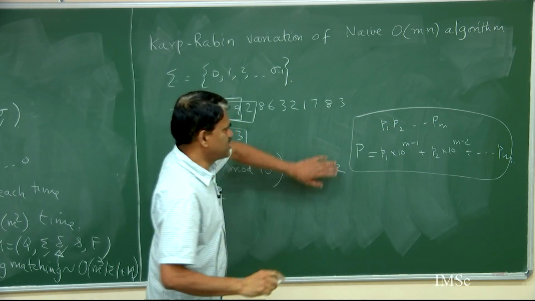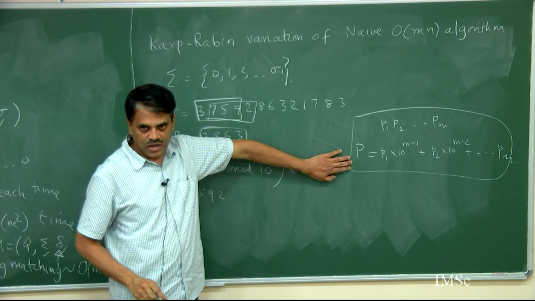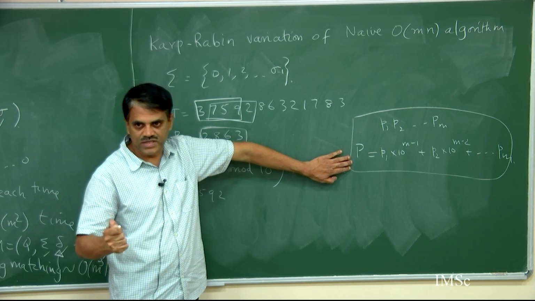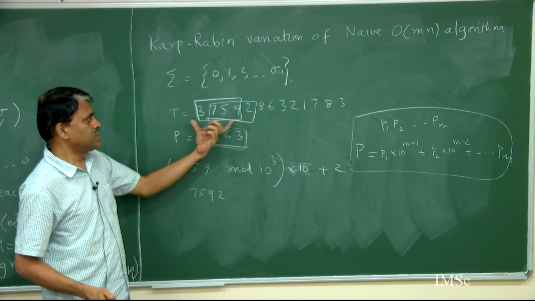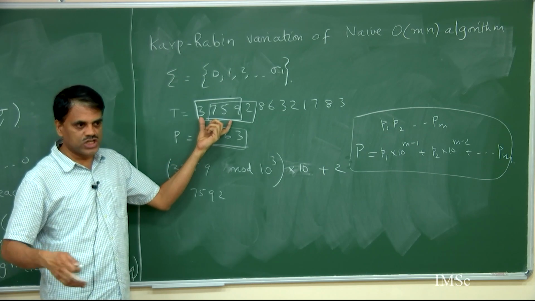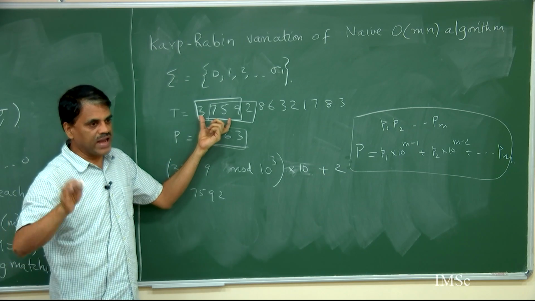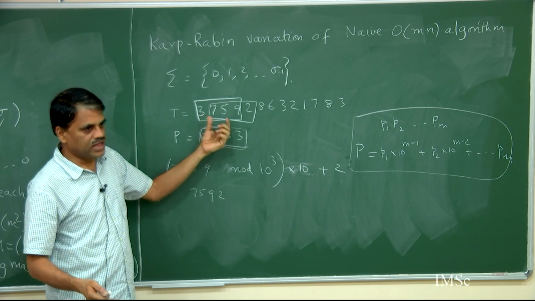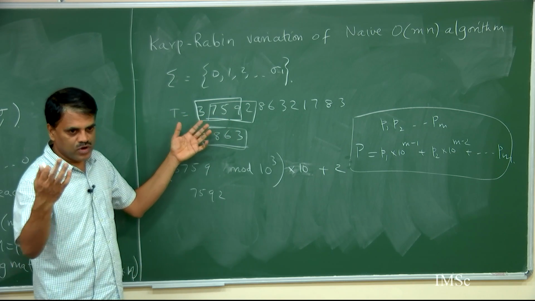So, this is an order m computation, okay, to compute what this decimal number is, and here is another order m computation on your initial m characters on the text. Take that number and compare them. If they are same, good, you got a match.